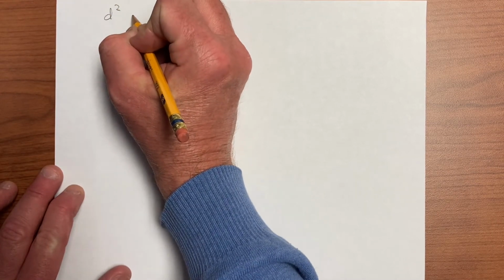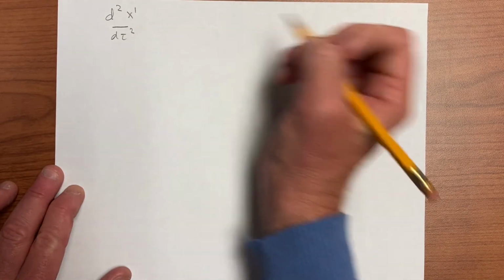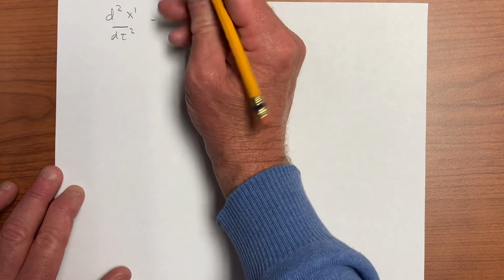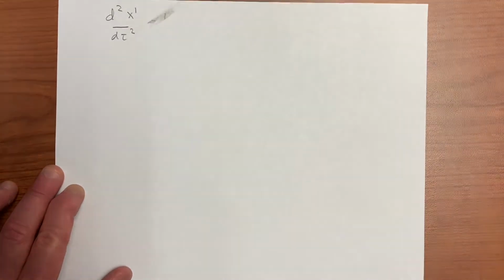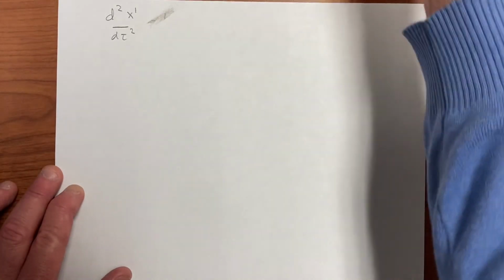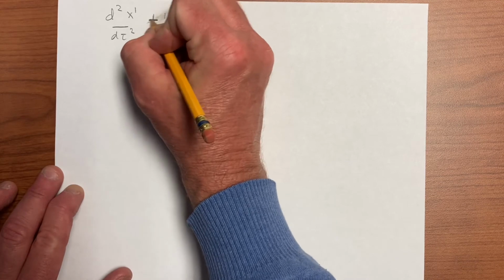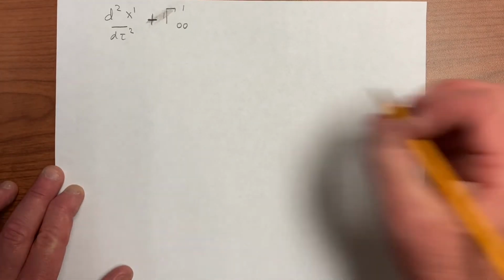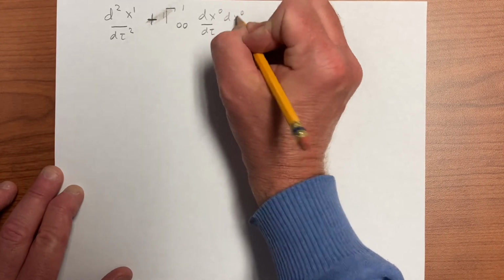So our previous equation that we were just looking at, we have the second derivative of x1 in tau plus gamma 1, 0, 0 dx0 by d tau, dx0 by d tau.